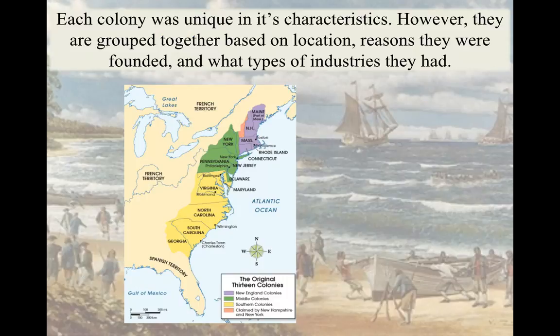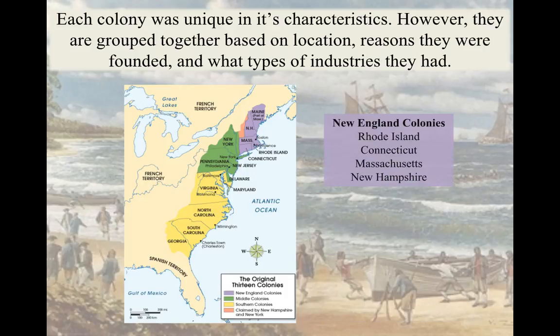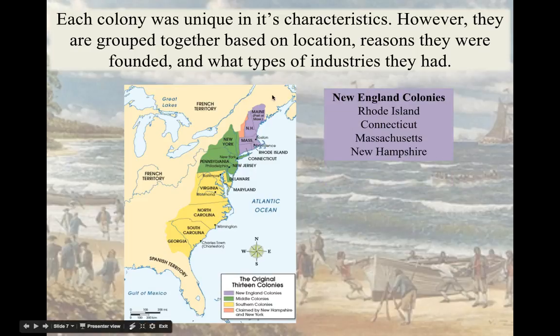Each colony was unique in its characteristics. However, they were grouped together based on location, reasons they were founded, and what types of industries they had. New England colonies. So the New England colonies were the purple ones. Consisted of Rhode Island, Connecticut, Massachusetts, and New Hampshire.